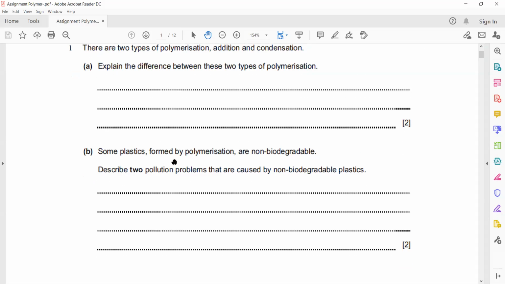Some plastics formed by polymerization are non-biodegradable. Non-biodegradable here means that the plastic does not decompose by itself. It will take a very long time to decompose, or does not even decompose completely. Describe two pollution problems that are caused by non-biodegradable plastic. So what are the problems caused by non-biodegradable plastics?